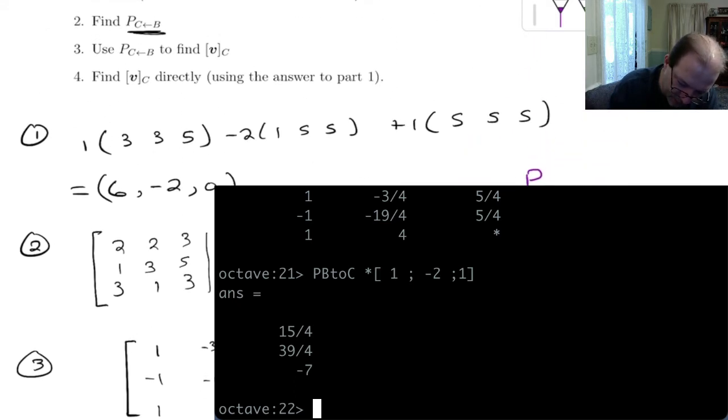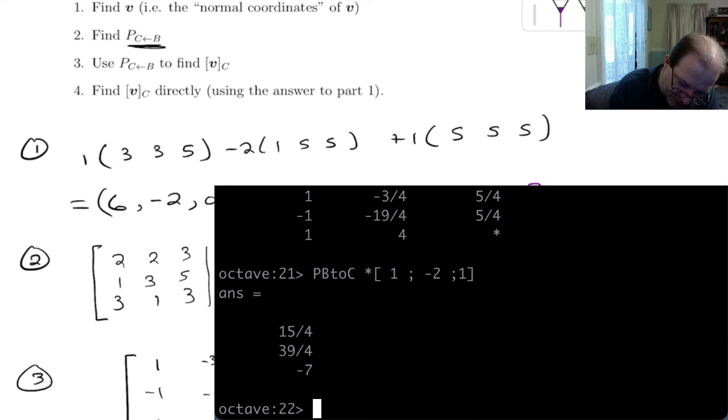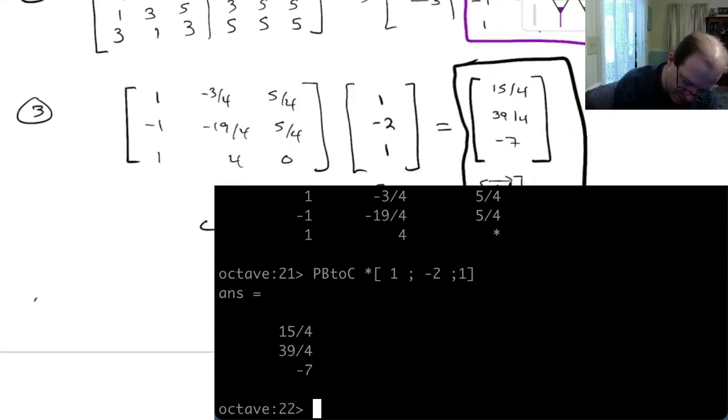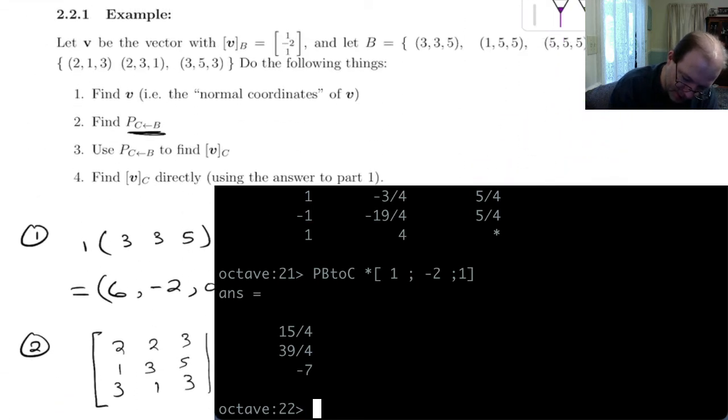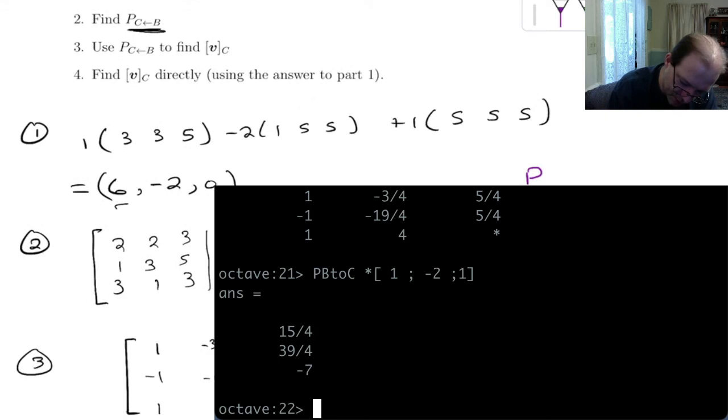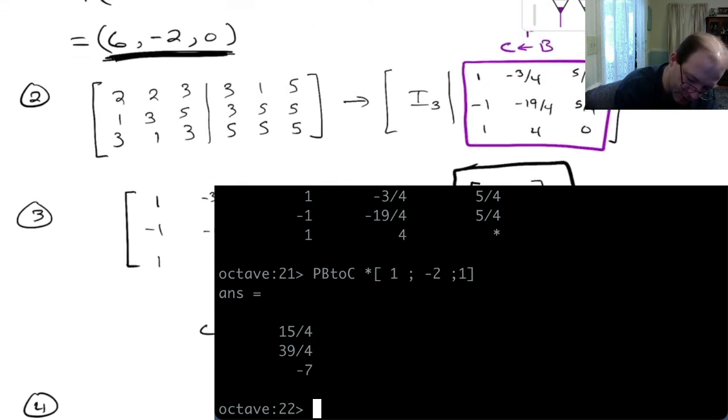And then let's see, what does 4 say? It says find VC directly using the answer to part 1. Okay, if we want to find VC directly, what we're saying is we're trying to find the coordinates of V with respect to C, and we know that the actual coordinates are 6, -2, 0.